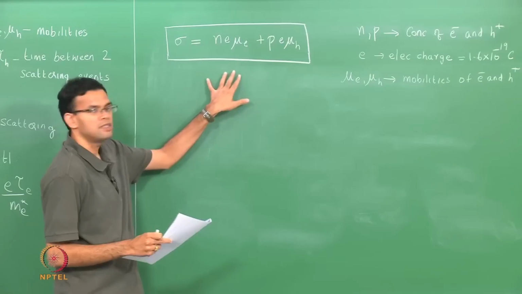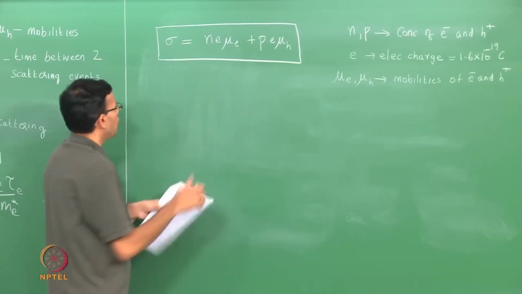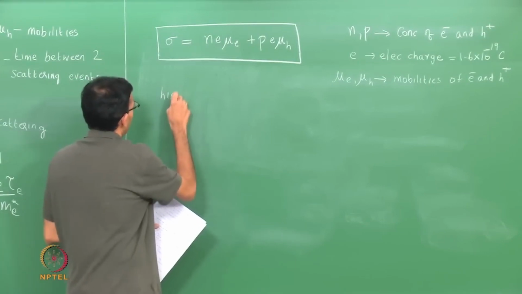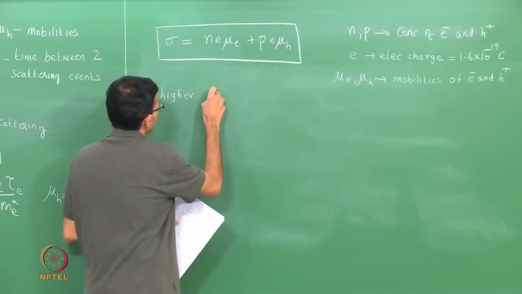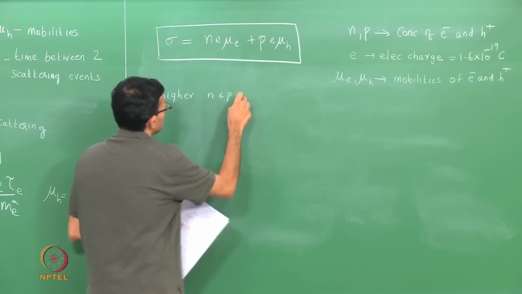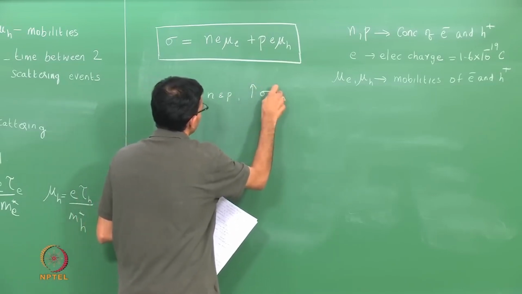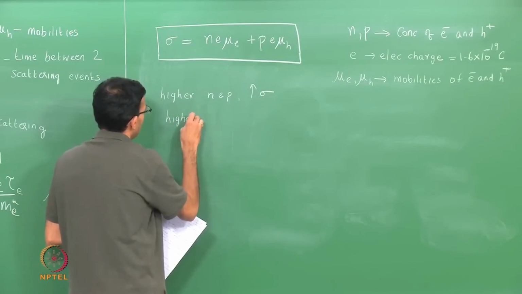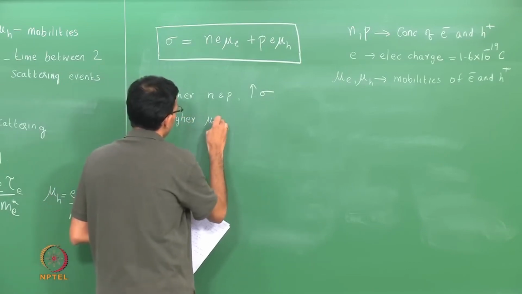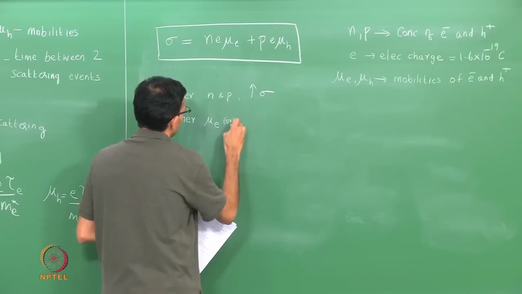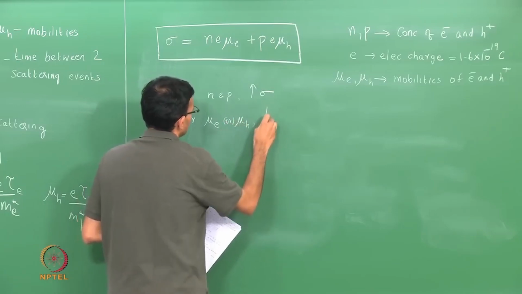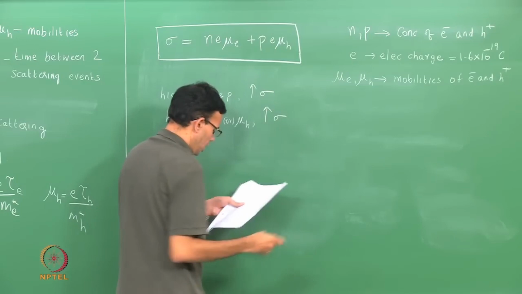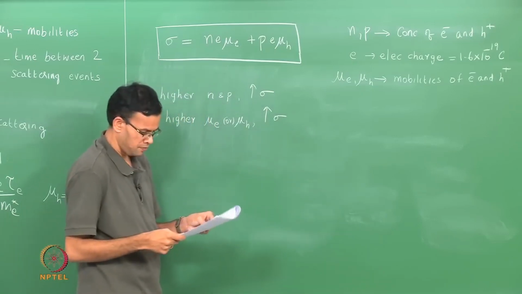If you look at this expression, higher the concentration, higher N and P, the conductivity is higher. Similarly, higher mu e or mu h, the conductivity is higher.